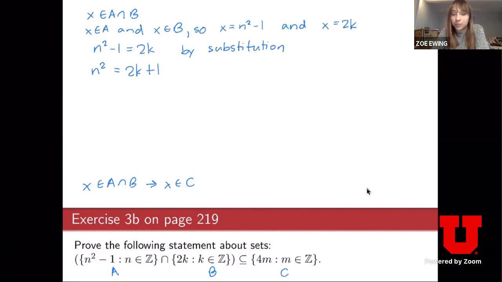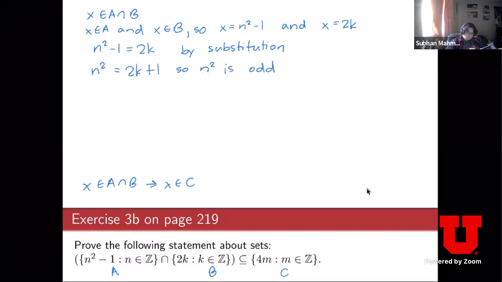It's odd. So n squared is odd. It would probably be more specific if this were on a homework or a quiz whether we can use this property, but we are given that if a number squared is odd, then n is also odd as well.